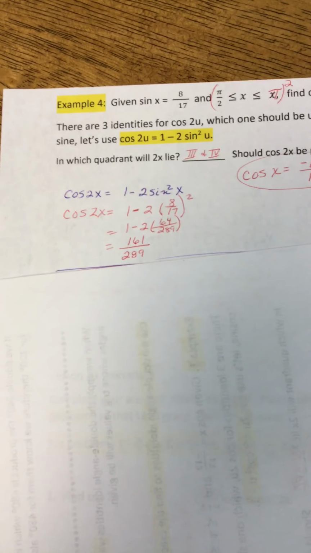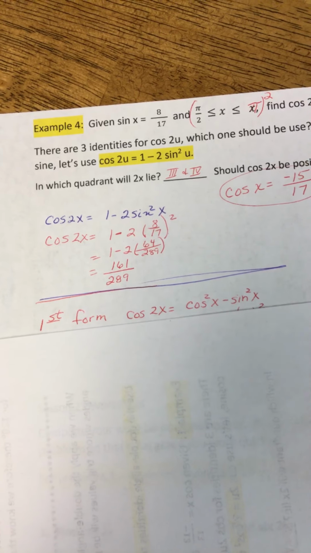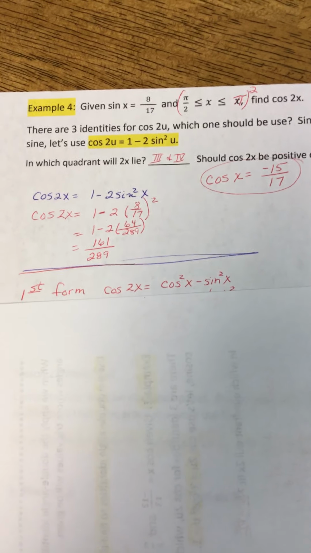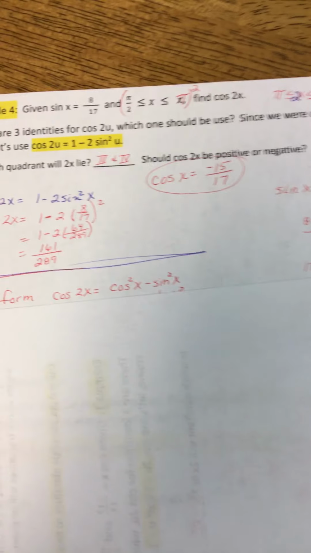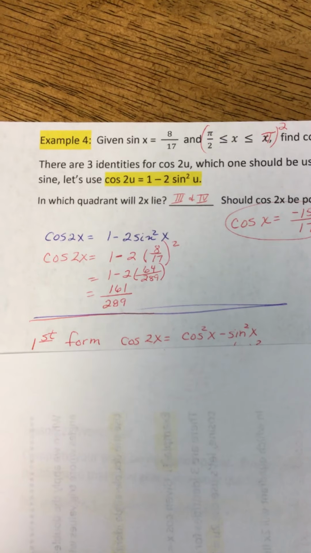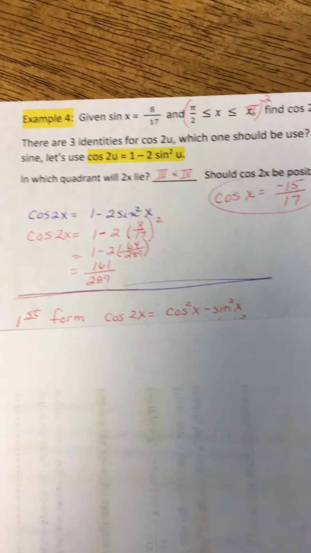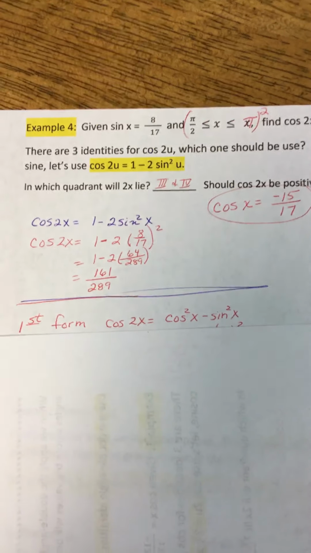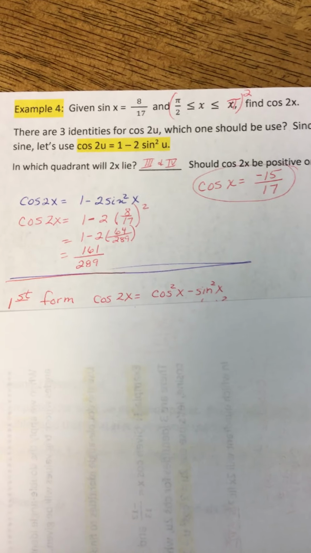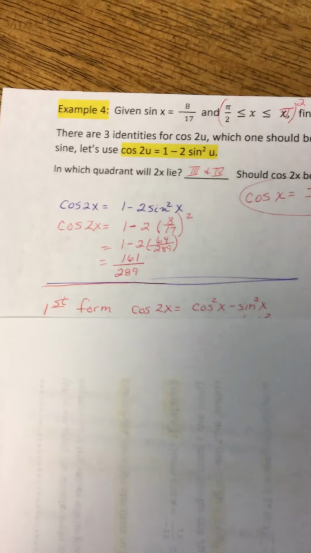Now, just for practice, I ask you to also use this form. This would require more work, and if you were allowed to do whatever form you wanted to, then you would probably choose the one I did originally. But if I said use this particular form to find the cosine of 2x, then you would have to do what I've asked.